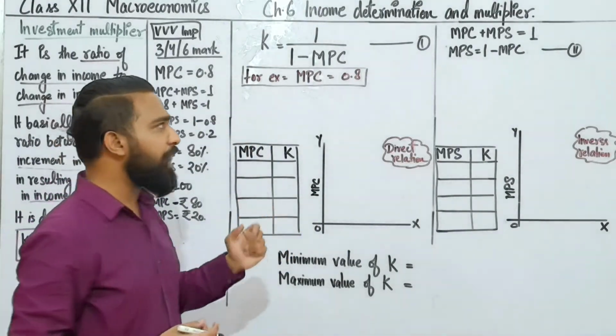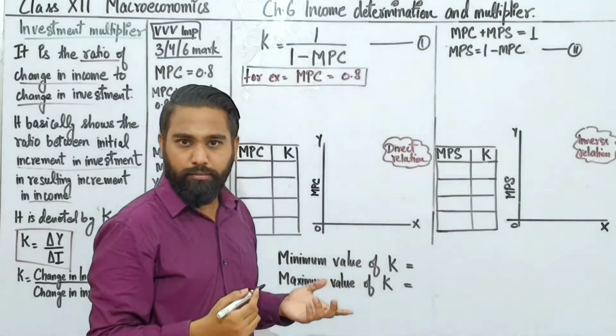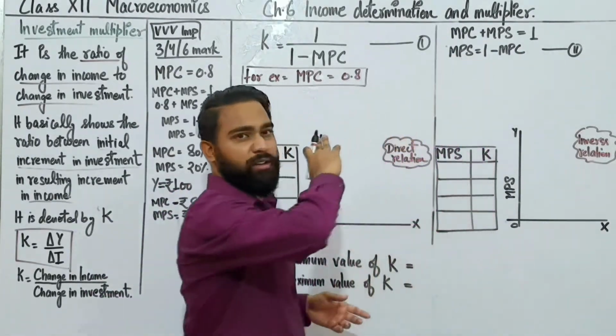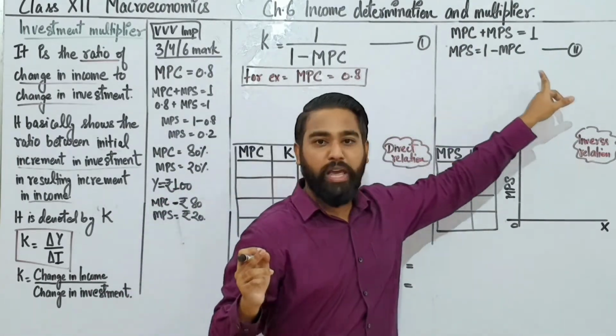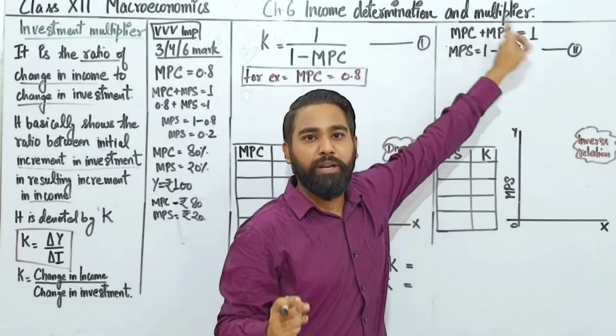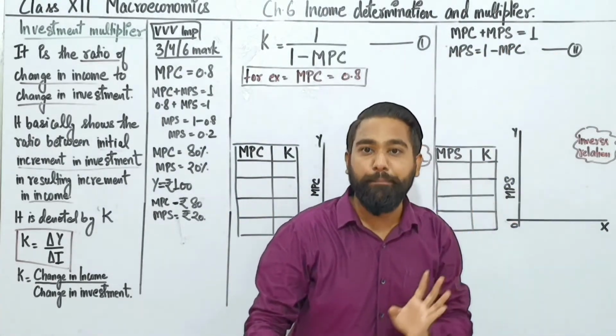Now the other formula can be derived. You already know that MPC plus MPS is equal to 1. If you bring MPC to the right hand side, then MPS is equal to 1 minus MPC.